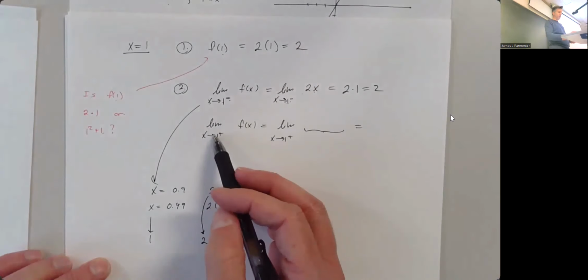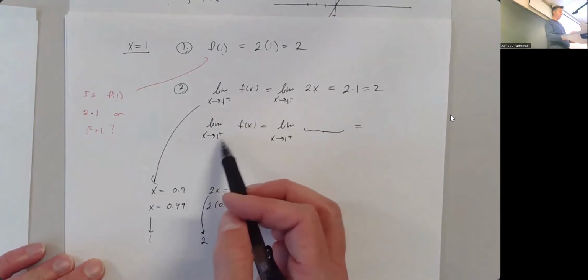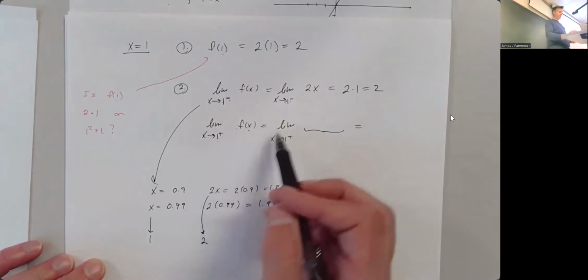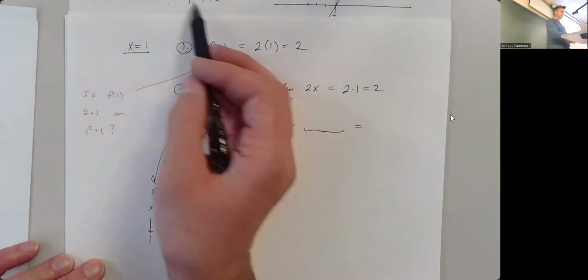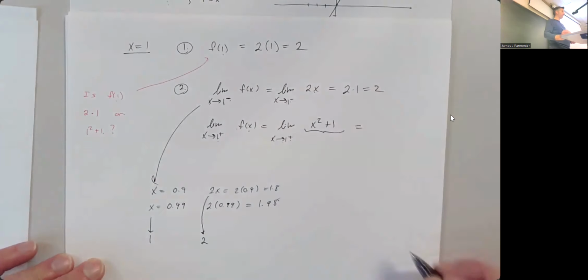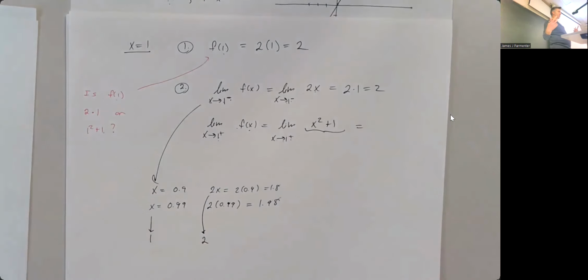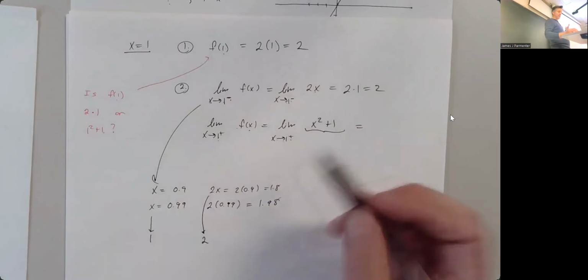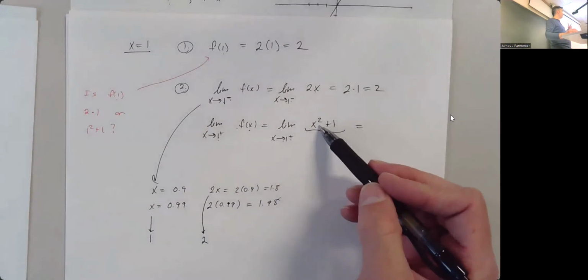Same idea down here. Now if we look at the limit as x approaches 1 from the right of f of x, then we're taking the limit as x approaches 1 from the right of the piece of the function where x is bigger than 1. And you could ask yourself the same sort of questions. If x is getting closer and closer to 1 from the right, so x is like 1.01, 1.001, 1 point lots of zeros with a 1, if you take that number that's really close to 1 and then square it, that number is still really close to 1.